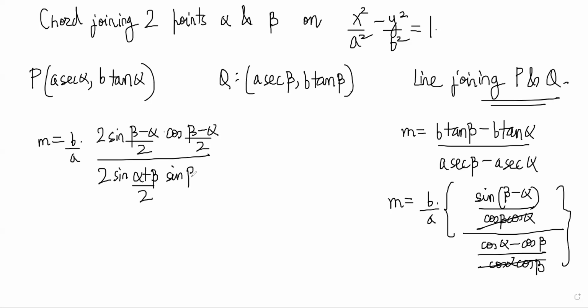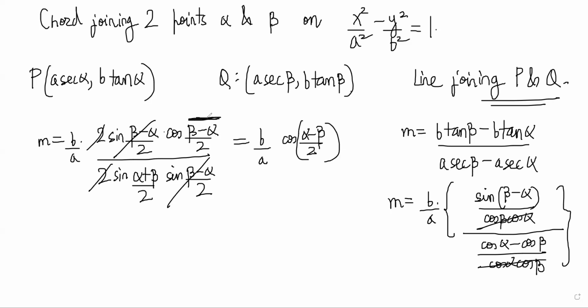So this is sine of (beta minus alpha) by 2, right? This part gets cancelled, the 2 gets cancelled, and you are getting slope is b by a times cos of (alpha minus beta) by 2. Because cos is an even function, we can replace beta minus alpha by 2 and write it like this, divided by sine of (alpha plus beta) by 2.